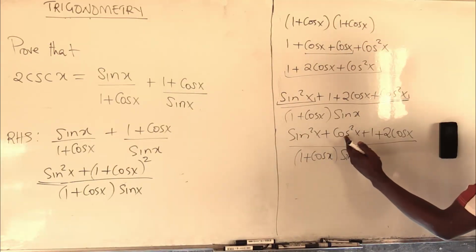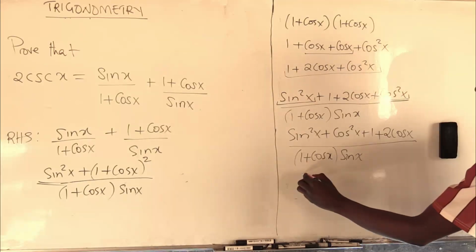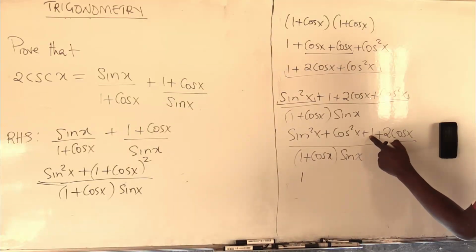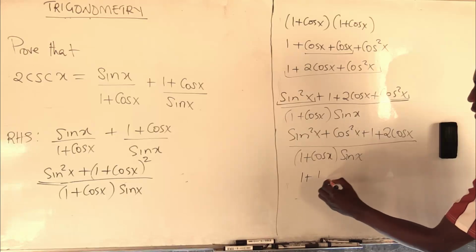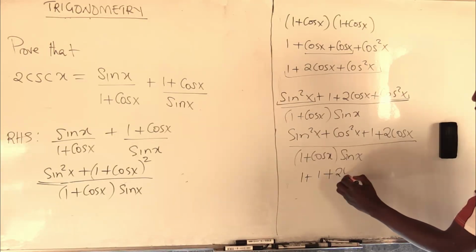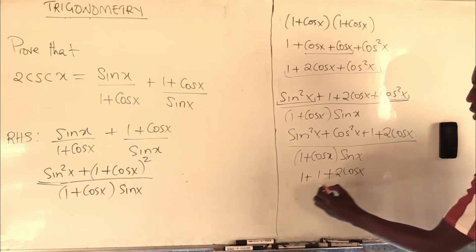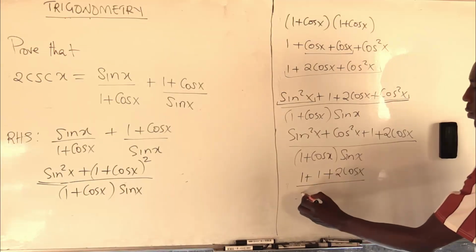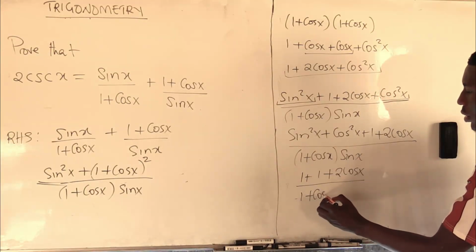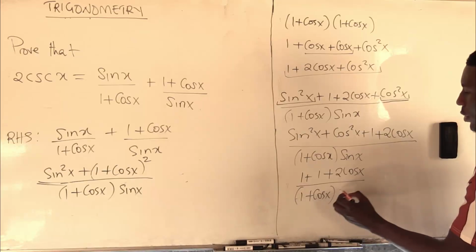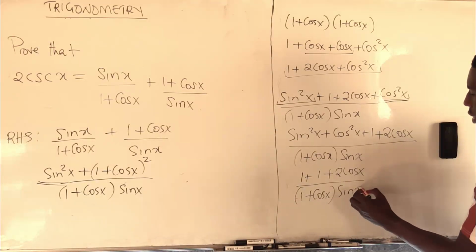Sin squared x plus cos squared x gives us a 1, then plus 1 here, plus 2 cos x, over 1 plus cos x multiplying with sin x.